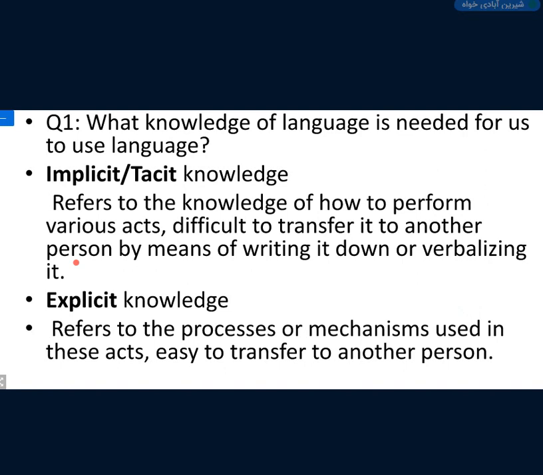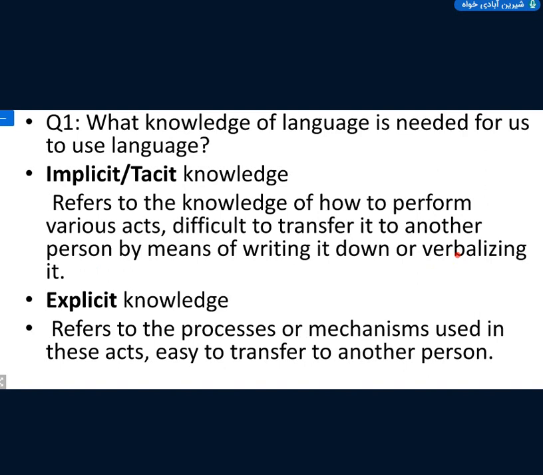When you want to explain how you speak, it's difficult. Or how you drive: if you are an expert driver, it's very difficult to explain to another person which steps are the first steps in driving. It is difficult to write or to say it. Verbalize means saying.